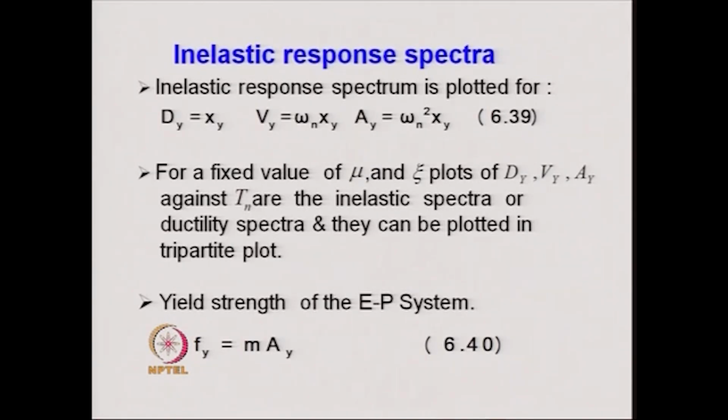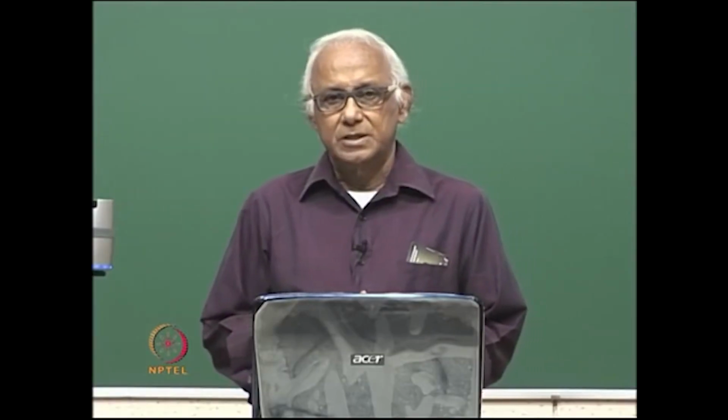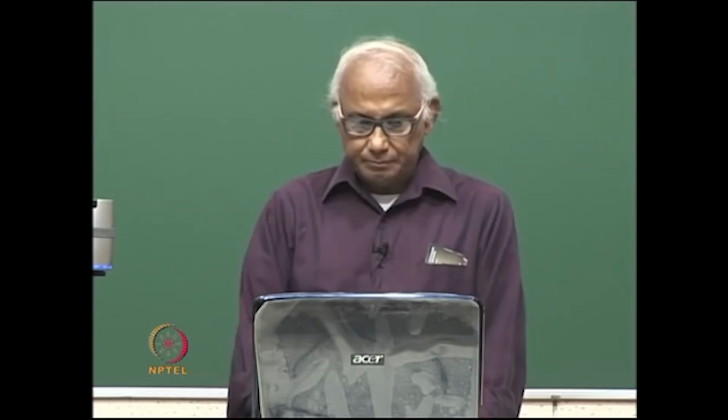So, the reduction factor R y means that the corresponding elastic strength in the SDF system, if it is divided by R y, gives the value of F y, the yield strength of the elastoplastic system. For example, R y equal to 2 means the elastic strength of the equivalent single degree of freedom system is halved for the corresponding elastoplastic system.